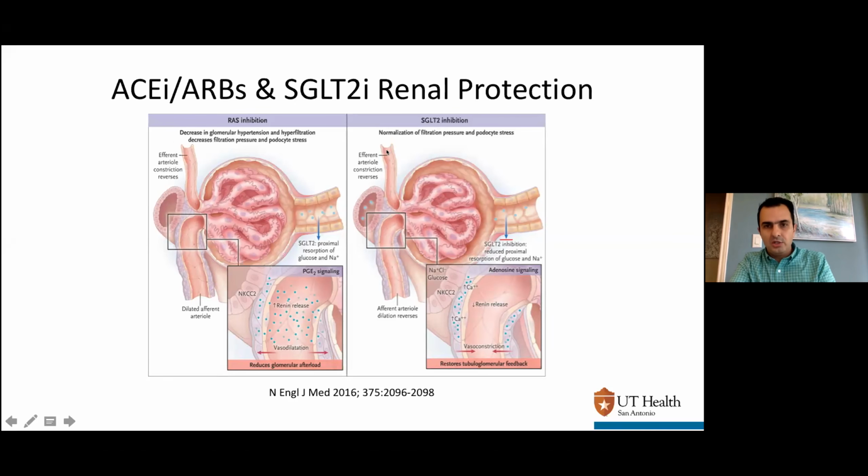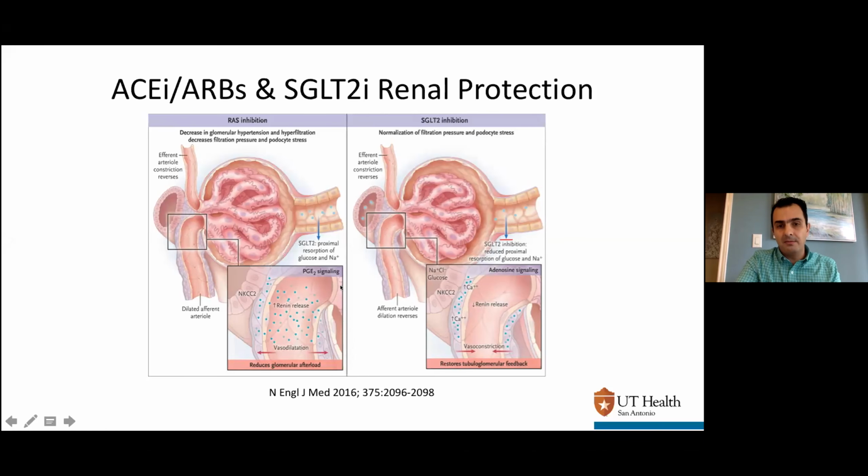Looking at the SGLT2 inhibitors here, what happens is the afferent arteriolar dilatation reverses, or there is a constriction of the afferent arteriole. So with the ACE or ARB, you dilate the efferent, that will relieve the pressure, and with the SGLT2, you constrict the afferent as well.